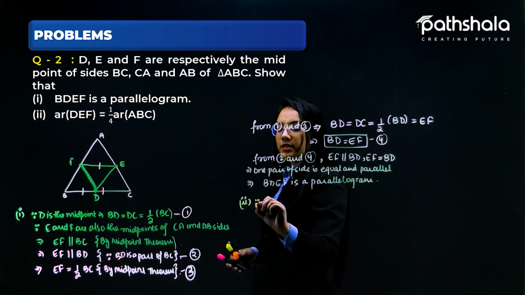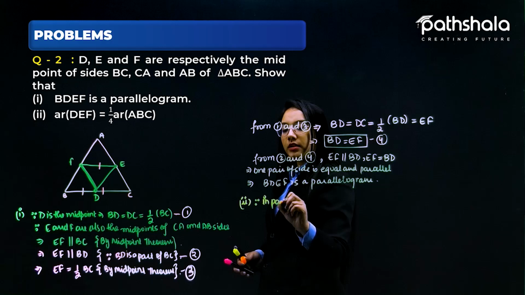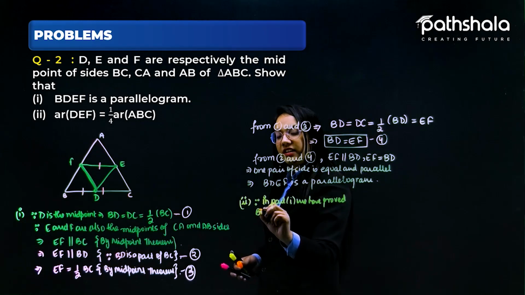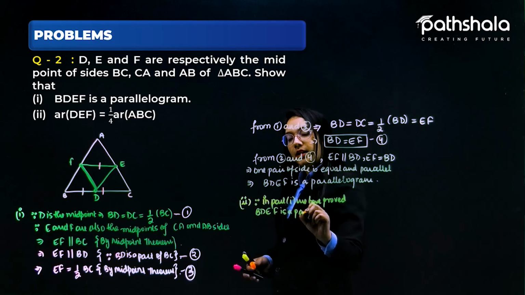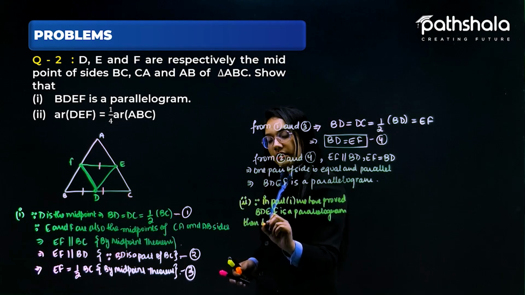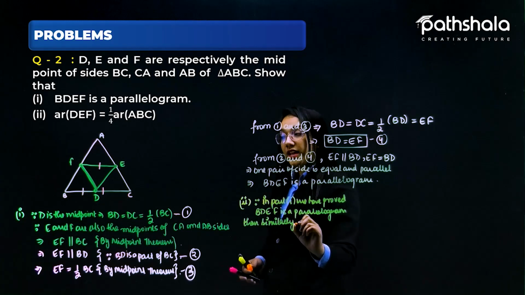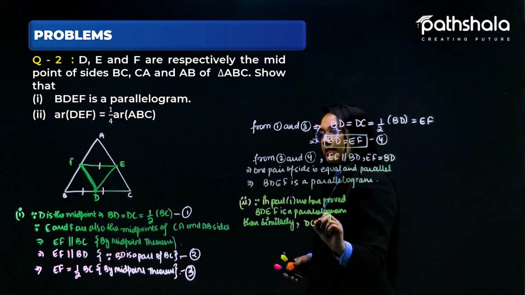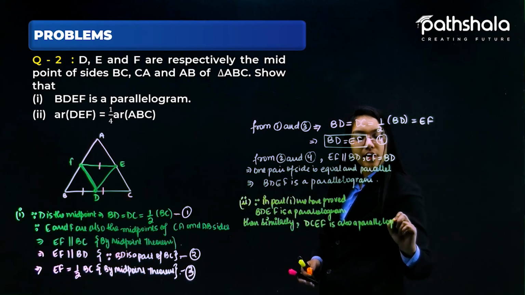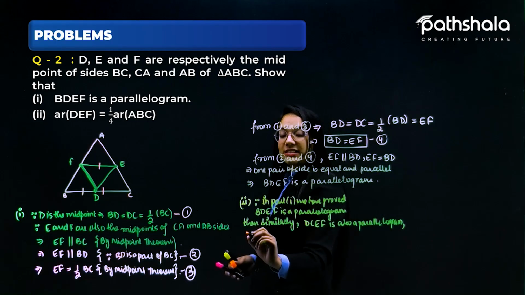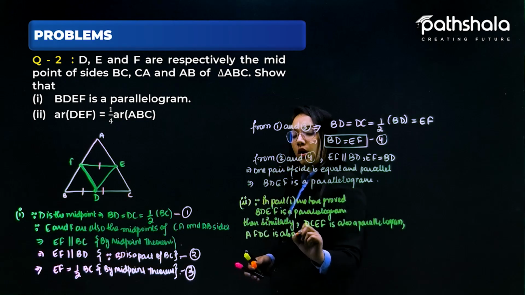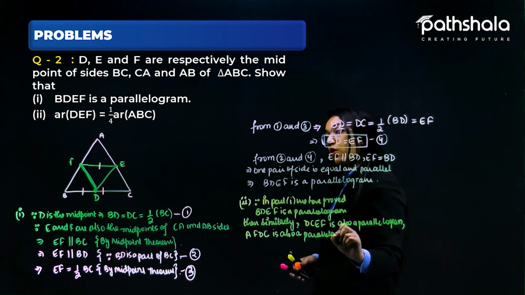Since in part 1 we have proved BDEF is a parallelogram, then similarly we can say that DCEF is also a parallelogram, furthermore we can say that AFDC is also a parallelogram.